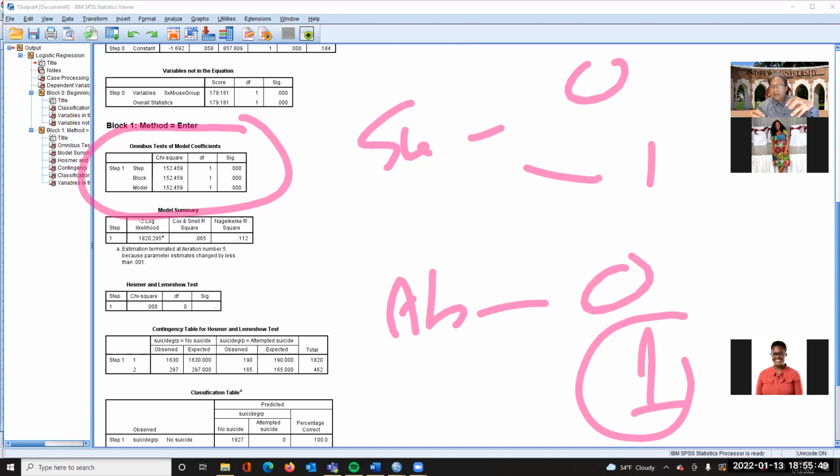All right. So think about the logic of the chi-square.